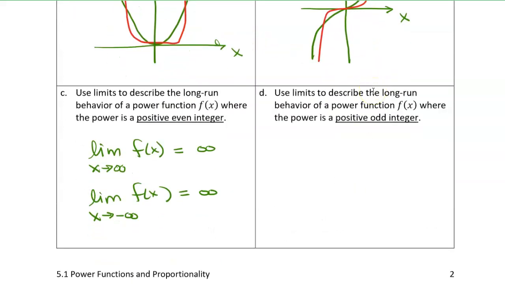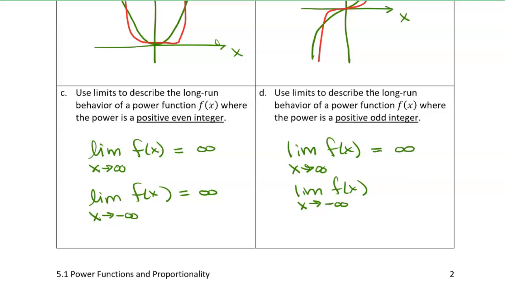So let's describe the end behavior down here. We can say that the limit as x goes to infinity of f of x is equal to positive infinity. And then the limit of f of x as x goes to negative infinity.